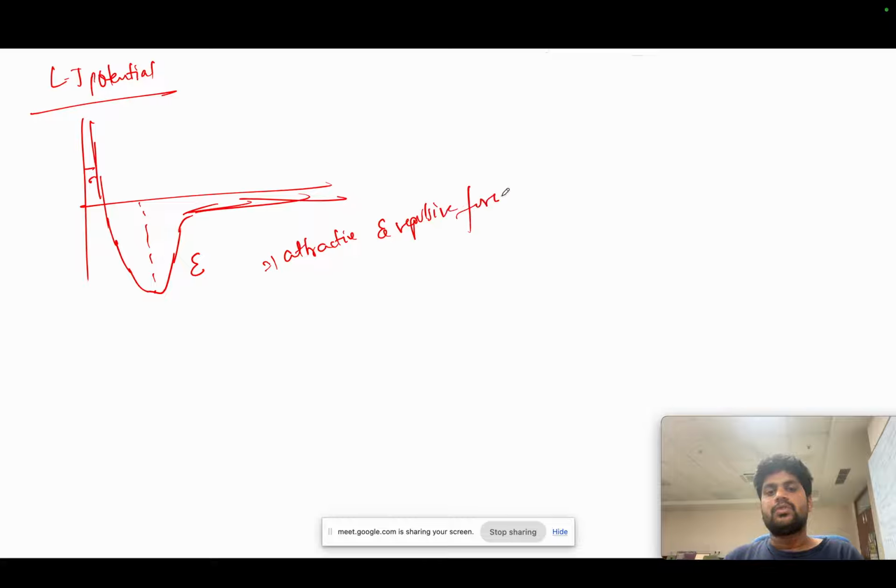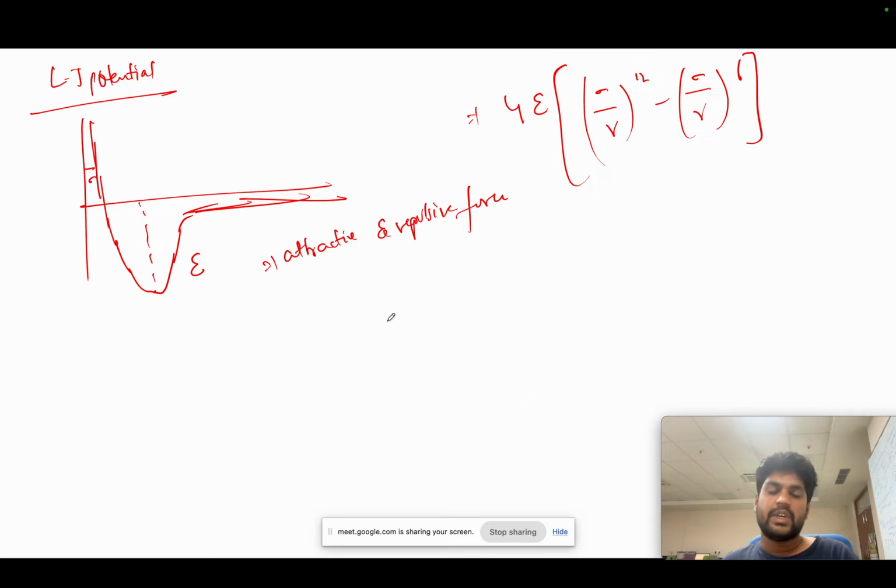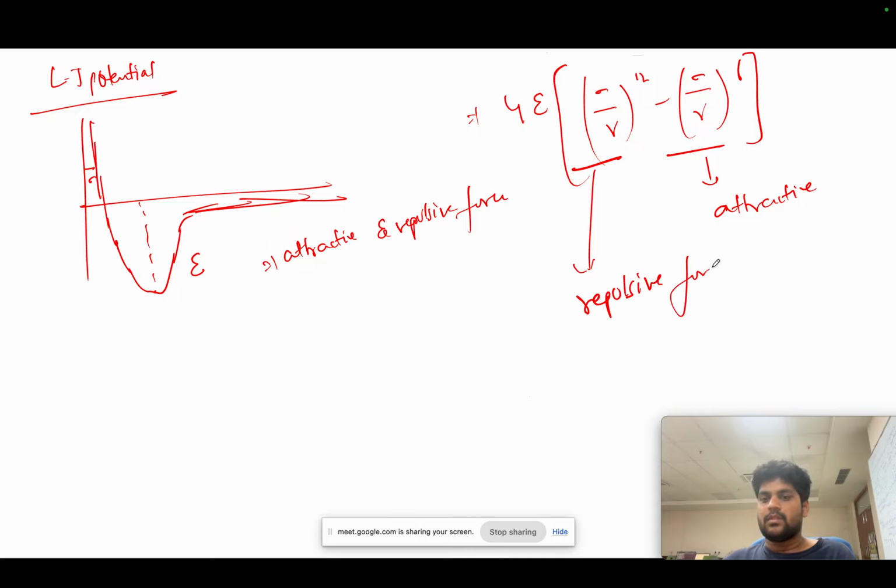So this is the most suitable one, and the formula for this is 4 epsilon times sigma by r to the 12 minus sigma by r to the 6. If there is attractive force, attractive means it is taking more energy, so it will go to the negative. This is for the attractive, and this is for the repulsive, because the repulsive will have the higher force. So this is the Lennard-Jones potential, which is used.